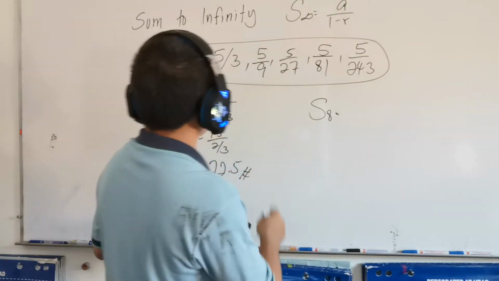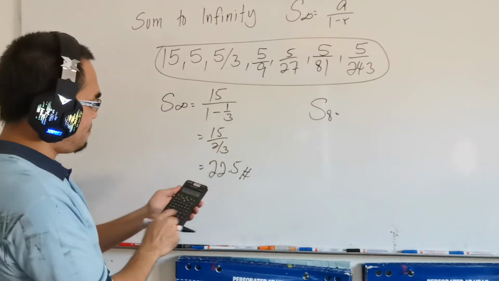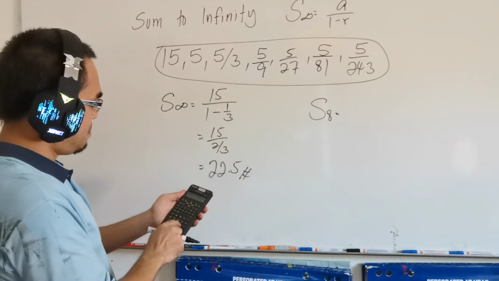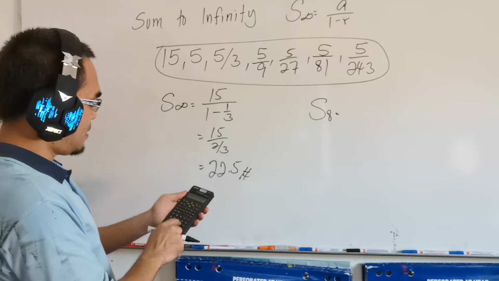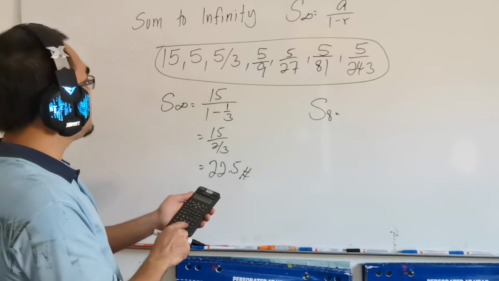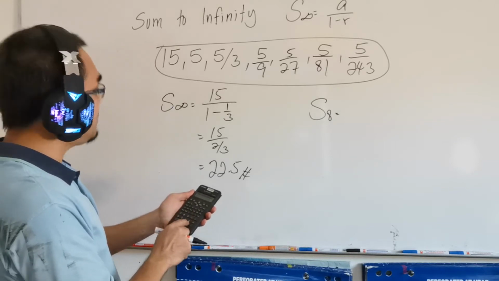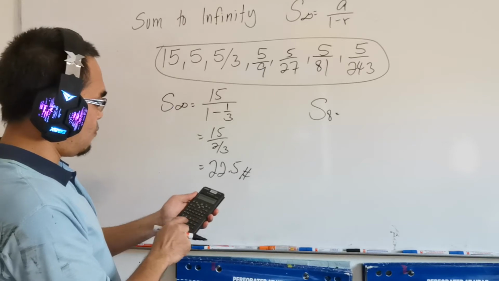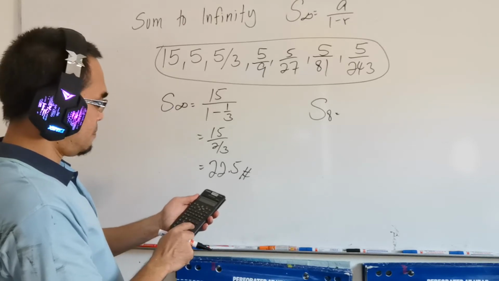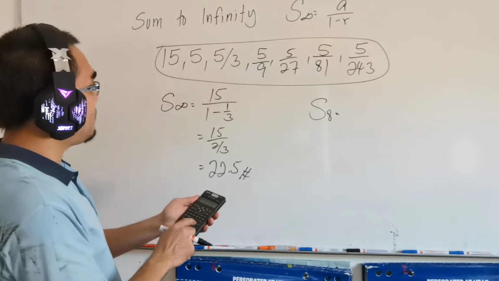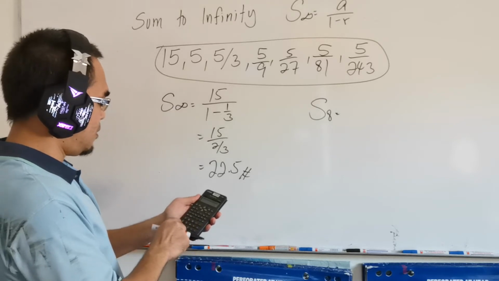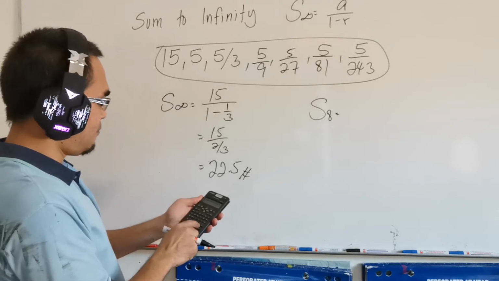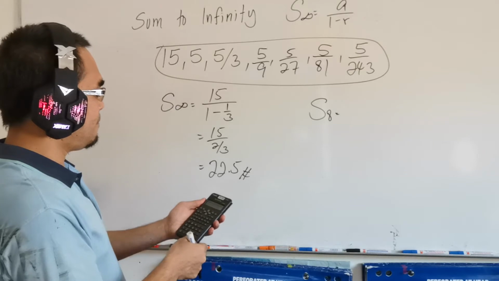If we calculate manually, it becomes 15 plus 5 plus 5 over 3 plus 5 over 9 plus 5 over 27 plus 5 over 81 plus 5 over 243.